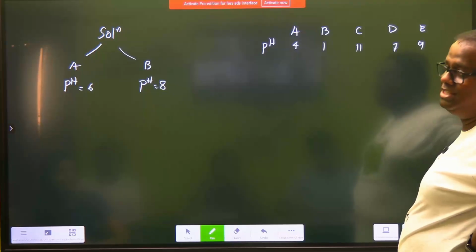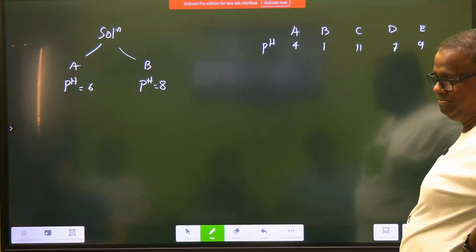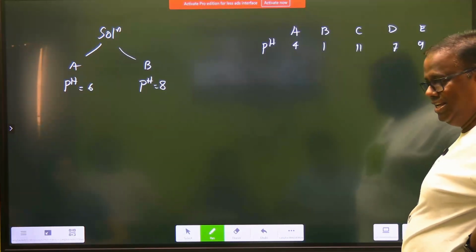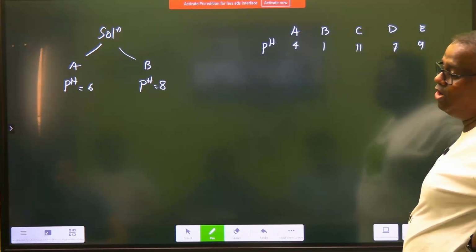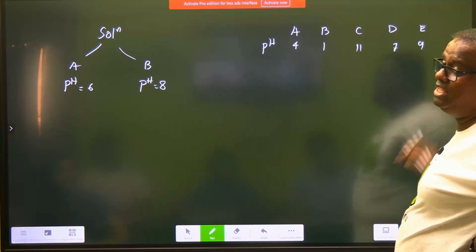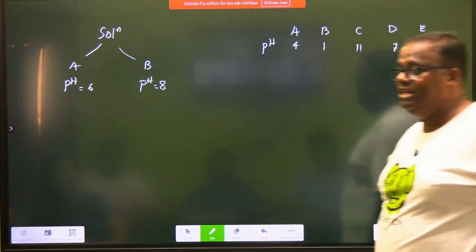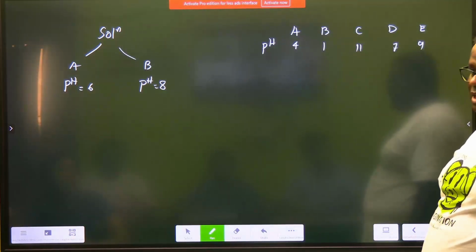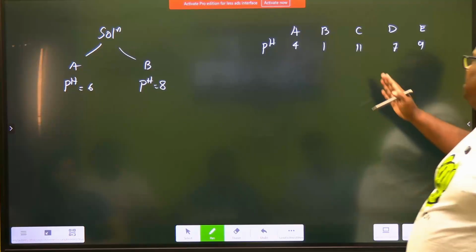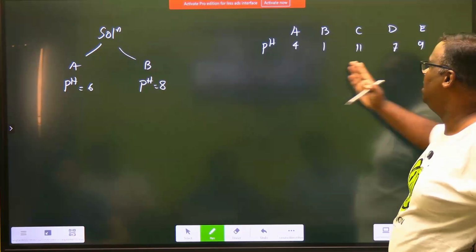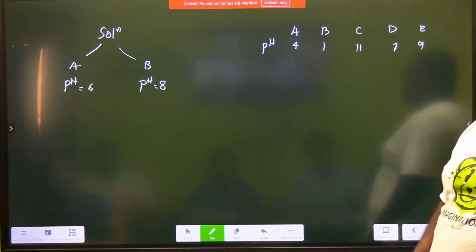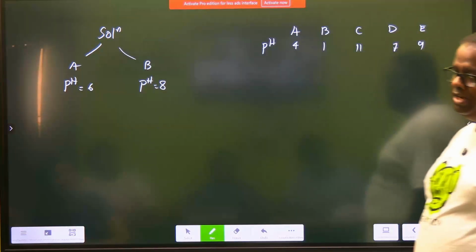A strong acid is a very weak base, and a weak base is a very strong acid. A strong base is again a weak acid. But they are saying weakly acidic. It is still acidic but weakly. So you should be looking at 7 and the one closest to 7. I think 4. 4 is acidic but weakly acidic, right?